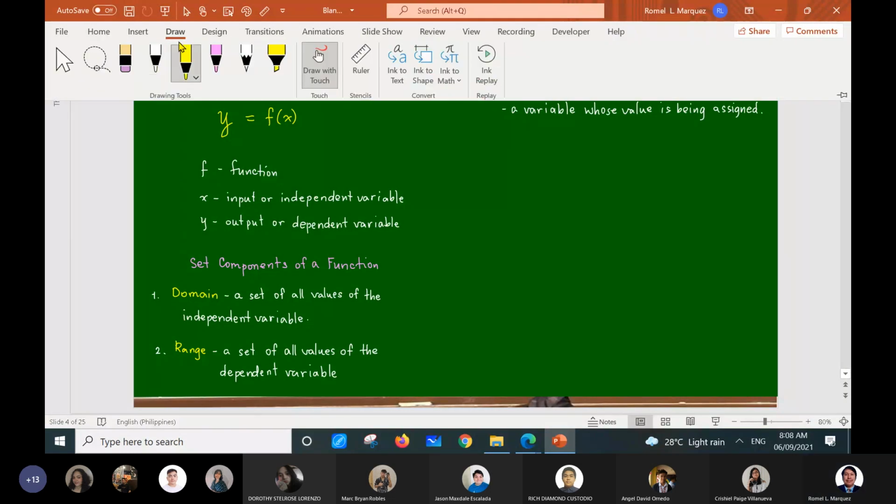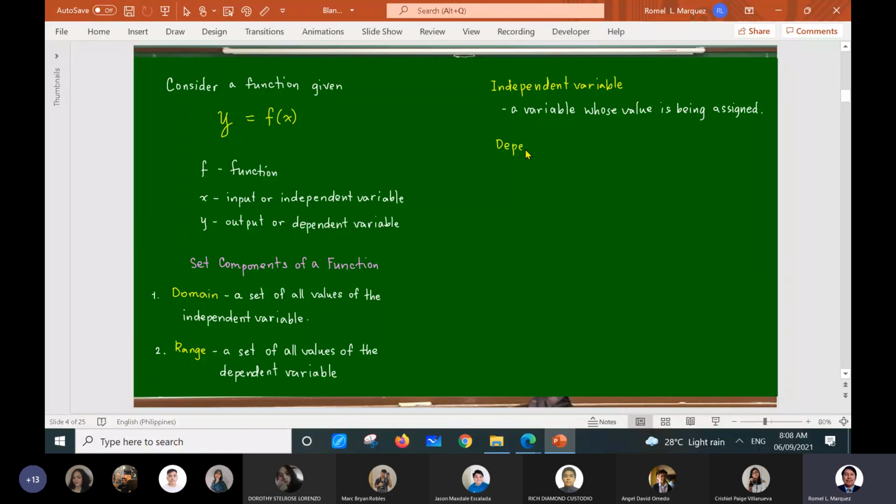While a dependent variable is a variable whose value depends on the value assigned to the independent variable. Okay, guys?